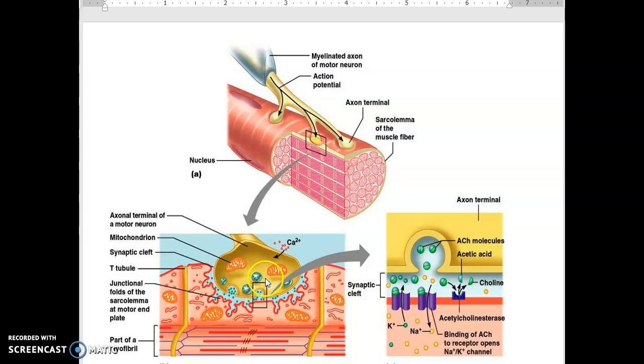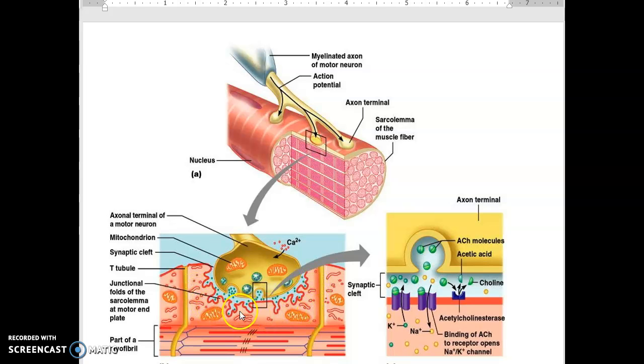ACH will attach to the muscle. This part is muscle, the pink is muscle, the yellow is a neuron. It causes this muscle to also depolarize.